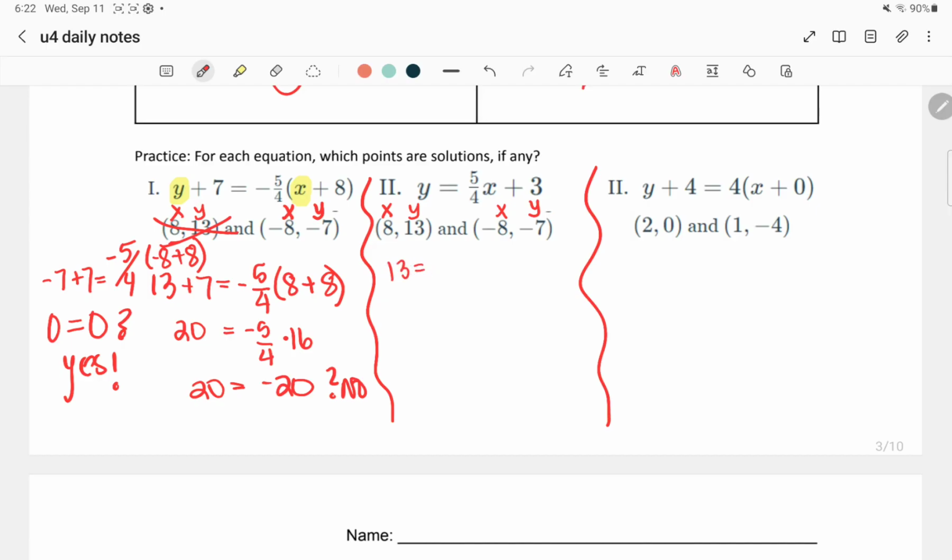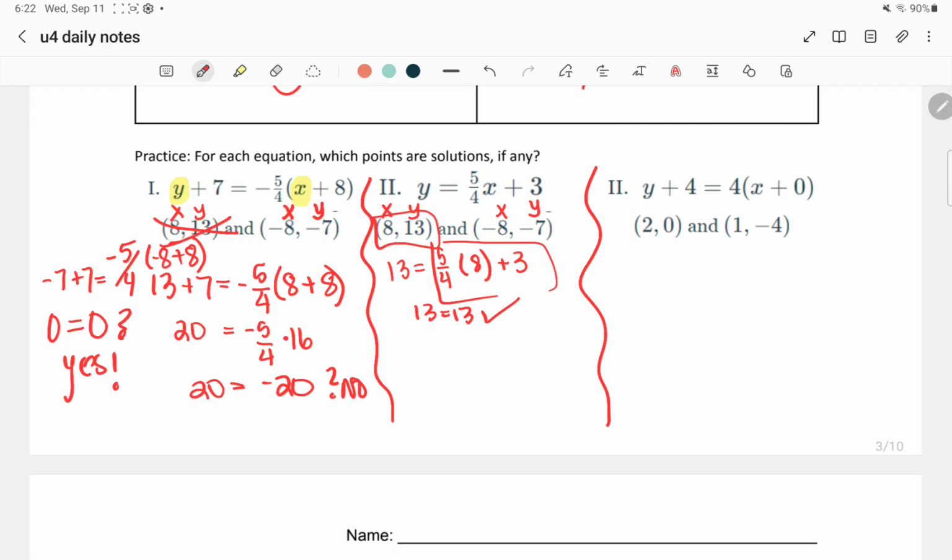Y value is 13 equals 5 over 4. Instead of x, I'm going to put 8. And then I'm going to simplify. So this can just all go on my calculator. And when I put that in my calculator, I get 13 equals 13, which is totally true. So this one works.